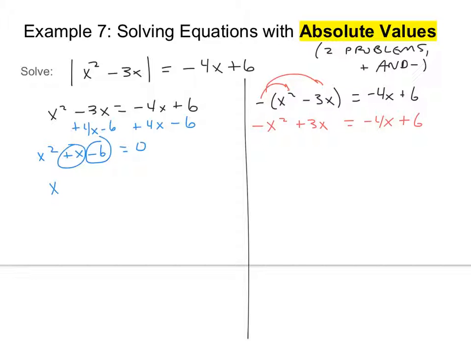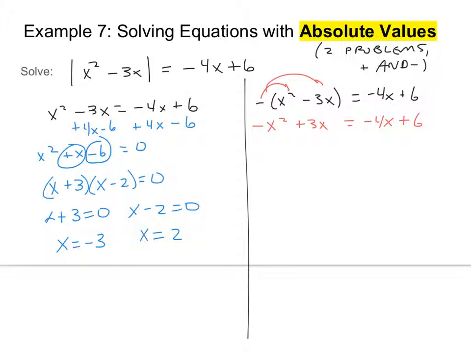So it's x plus 3, x minus 2 equals 0. As I work on this, I get x plus 3 equals 0, x minus 2 equals 0, so x is equal to 2, or x is equal to negative 3. So I've got two potential solutions there I'm going to have to check.